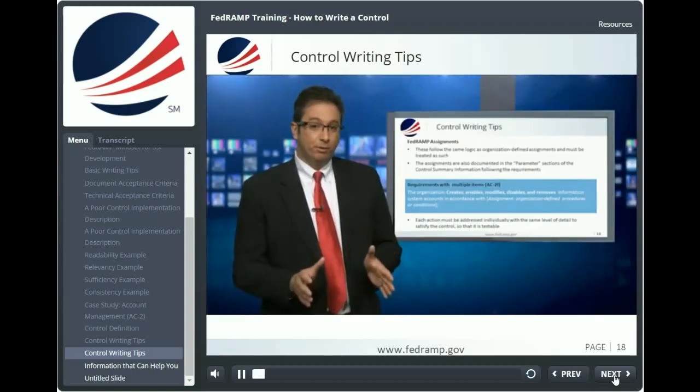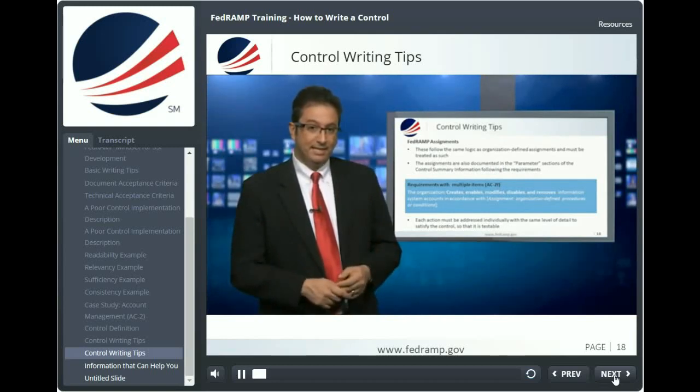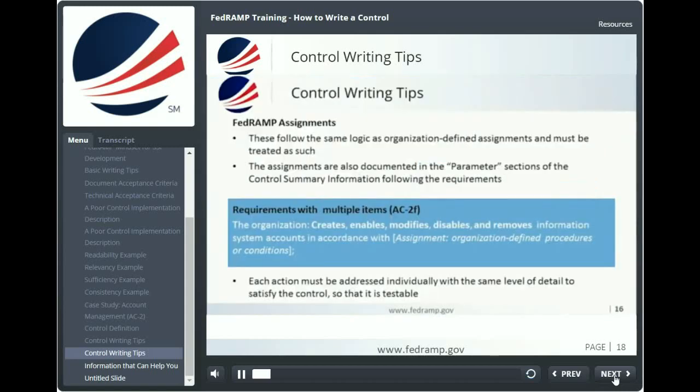Now, when multiple requirements are presented, as in the case with AC-2 Objective F, each action needs to be individually addressed. Remember, this has to stand on its own, so it's got to be individually addressed with the same level of detail to satisfy the control, so eventually it is testable.